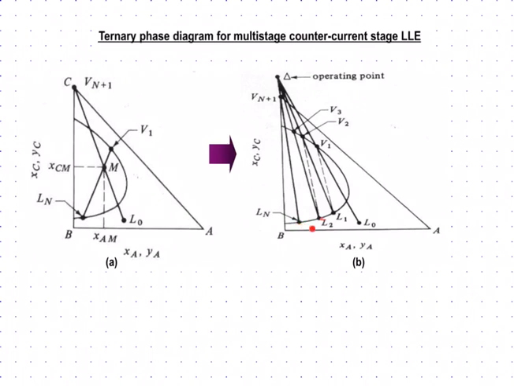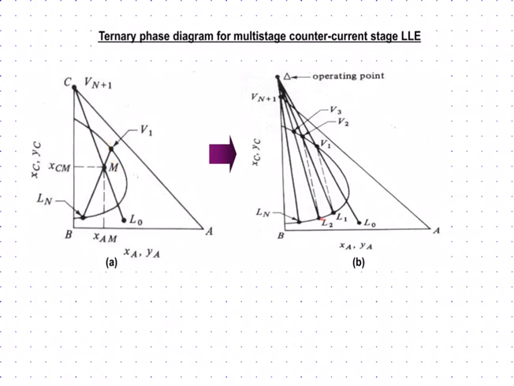Okay, so now, once you have this particular Ln, L0, V1 and Vn plus 1, sometimes with the help of your M coordinates to get the information based on the questions, right? So now your job is to draw two more important lines to get your operating points. Okay, so focus now. What you need to do is to connect L0 with V1. So draw a straight line from L0 to V1 and extend the line.